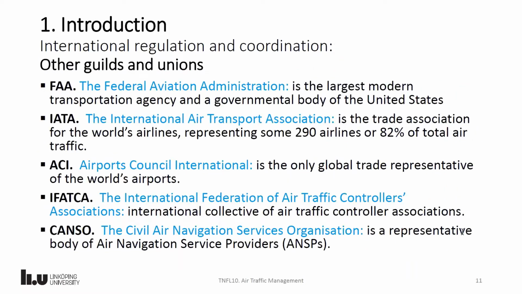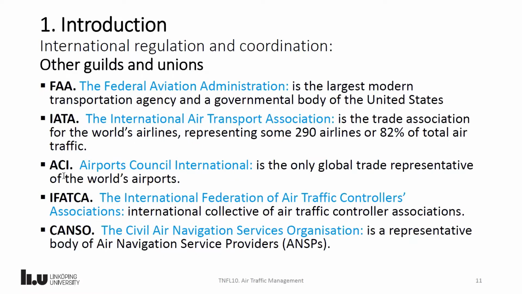And similar to EASA, we have other bodies around the world. So the FAA is similar to EASA, but in the United States. We have IATA, which is the International Air Transport Association, an association of the world airlines. This is very important as well.